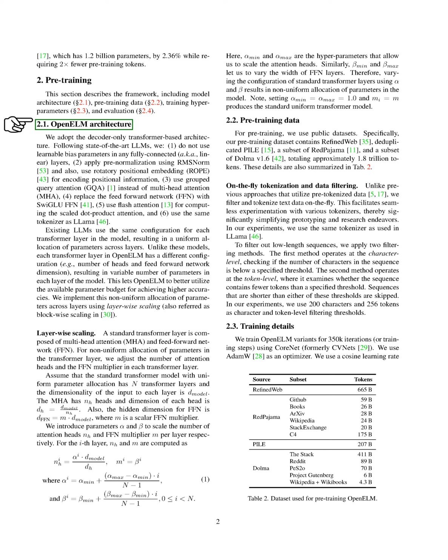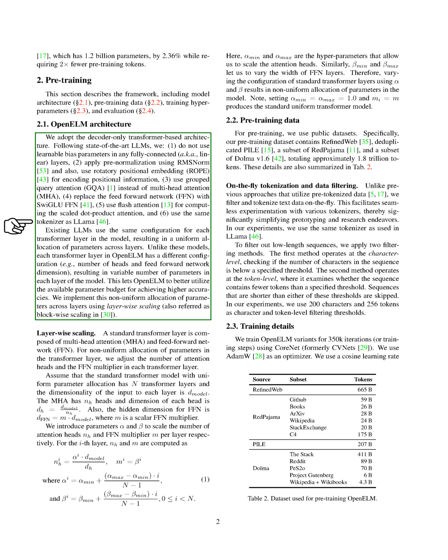Regarding the model architecture, we use a decoder-only transformer-based design. We follow the latest LLM practices by not using learnable bias parameters in fully connected layers, applying RMSNorm for pre-normalization, using rotary positional embedding, RoPE, for positional information, employing grouped query attention, GQA, instead of multi-head attention, MHA, switching the feed-forward network, FFN, with SwiGLU FFN, utilizing flash attention for scaled dot product attention, and adopting the same tokenizer as Llama.